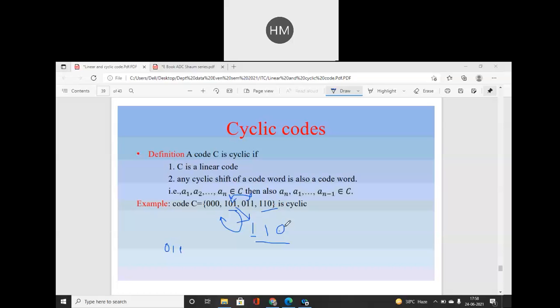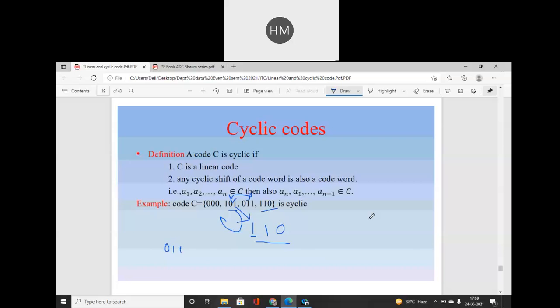Here we will have all the equations or words in the form of polynomials. So this is clear. The definition of cyclic codes, all of you have written in your copy. It's clear to all.